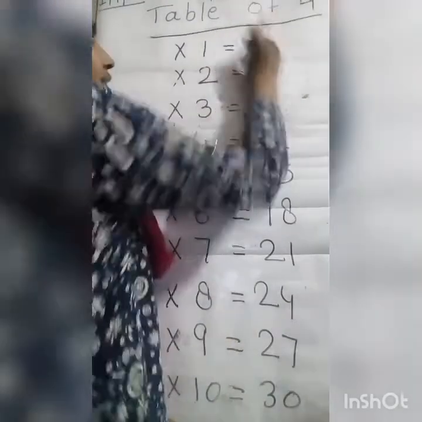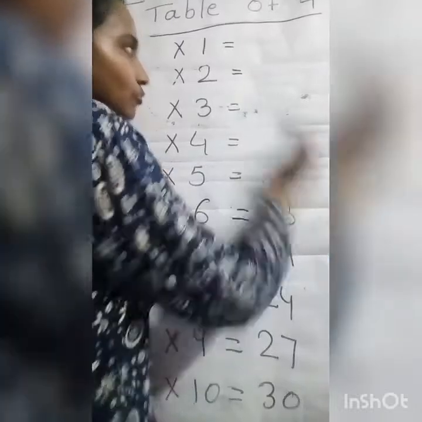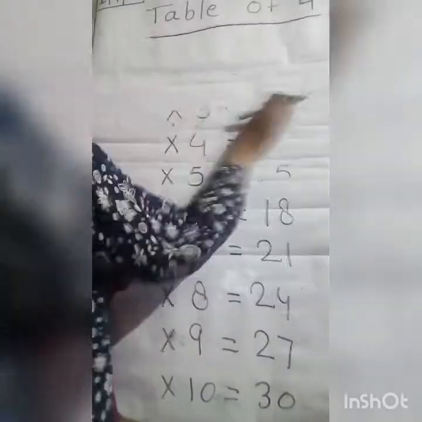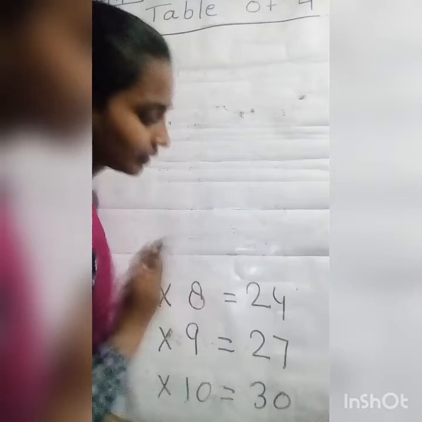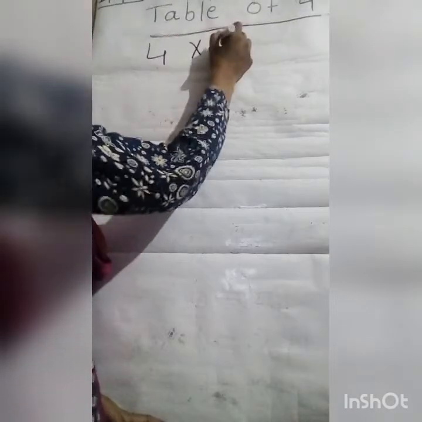So in place of 3, now I am writing the table of 4. Now similarly, for all the tables, how many times were they added? Okay. Then 4 into 1.